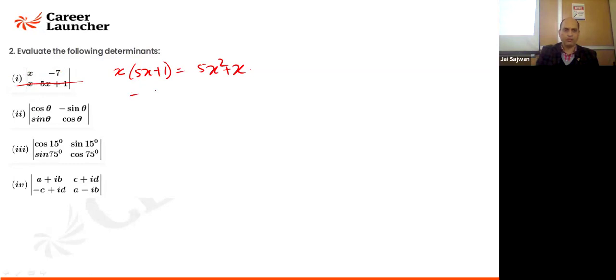So how much will this be? Minus 7 into x, that changes to plus 7x. And then what will come? Plus 5x plus 1 into how much? x. So that gives you 5x square plus x plus 7x.